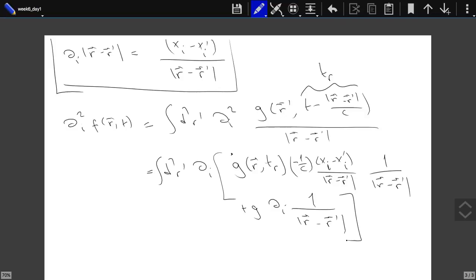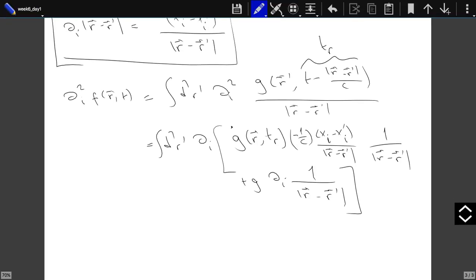I'm just using the chain rule here. Let me just try to simplify it slightly. No, okay, let me not simplify it.